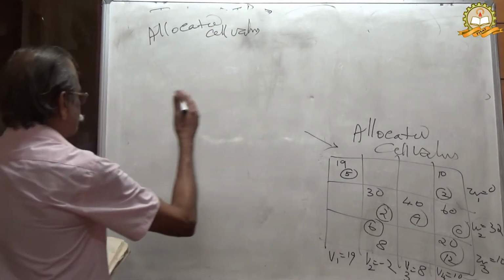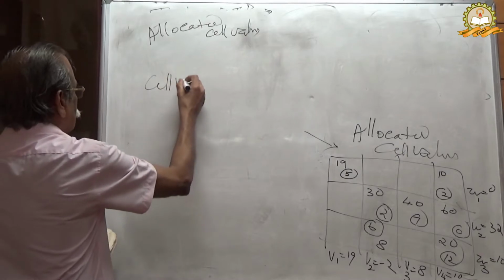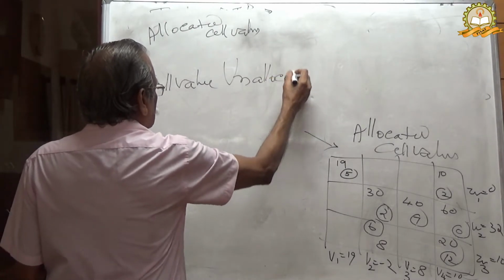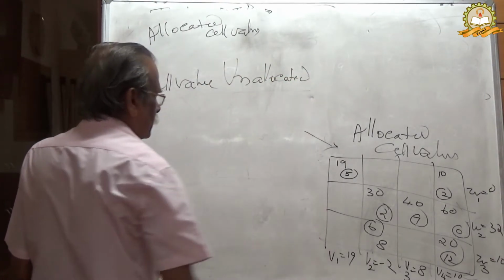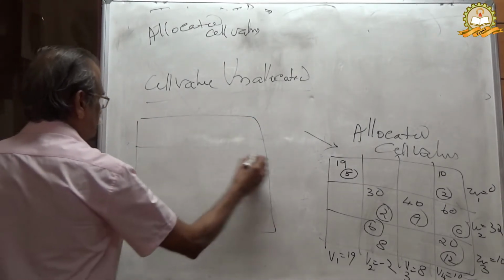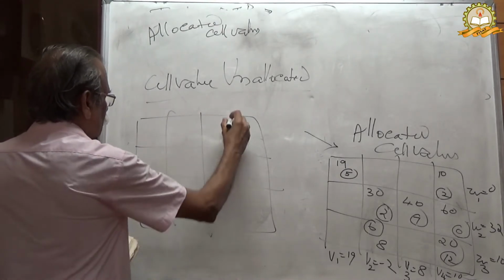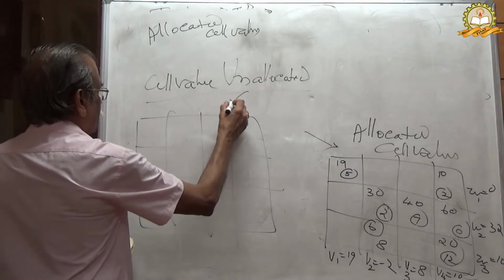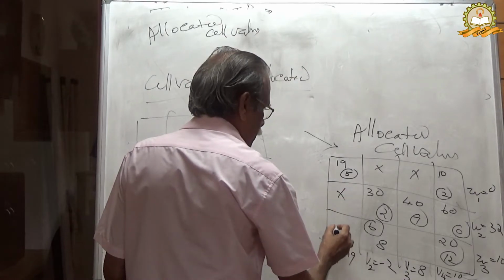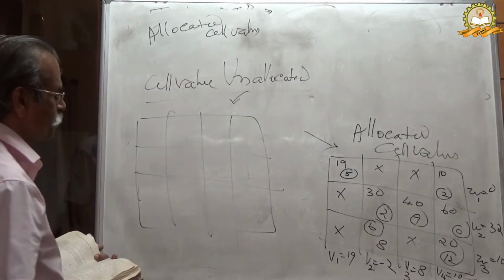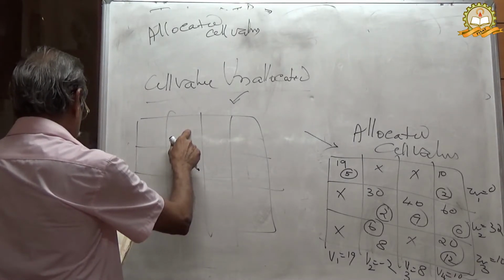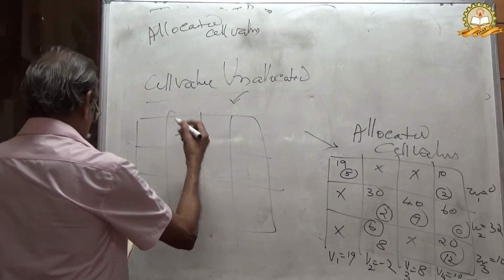Based on this, the cell values of the unallocated cells: by applying that, this will be found to be minus 2.